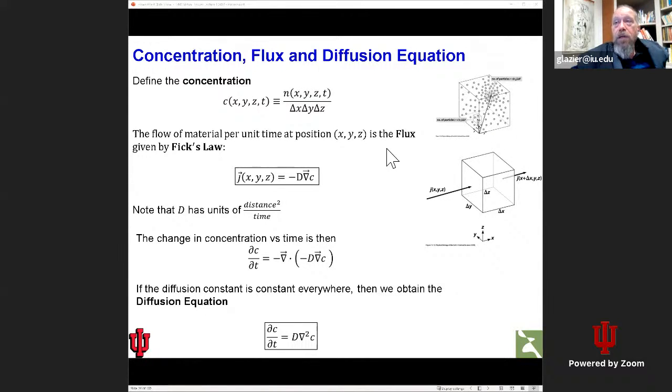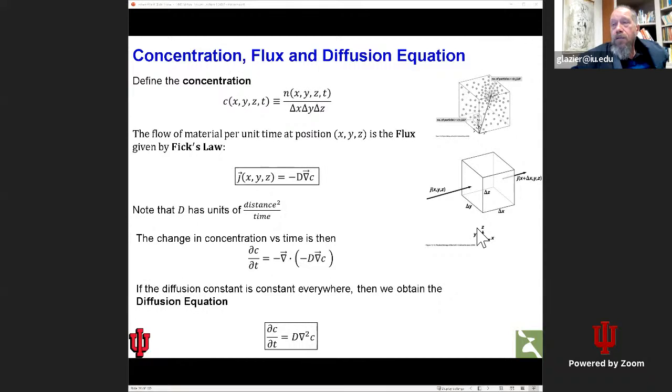The flow of material per unit time at a given position, for random movement, is given by something called Fick's law, which says that the flux is proportional to the gradient of the concentration. That is essentially equivalent to saying water flows downhill.